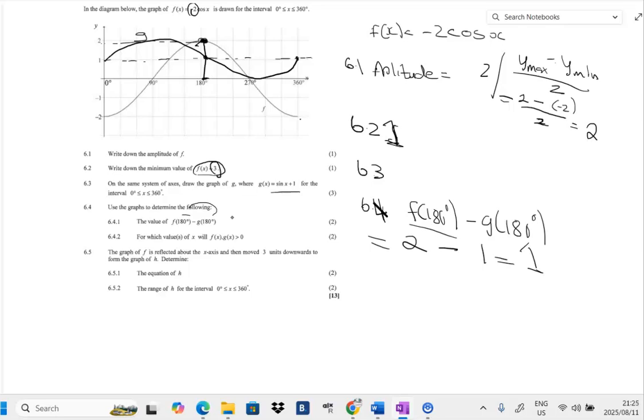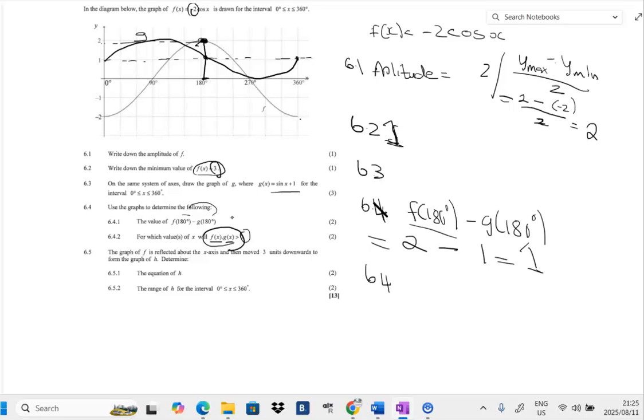Now they say for which values of x will f multiplied by g be greater than 0? What it means is for which values of x is the product of these two functions greater than 0.